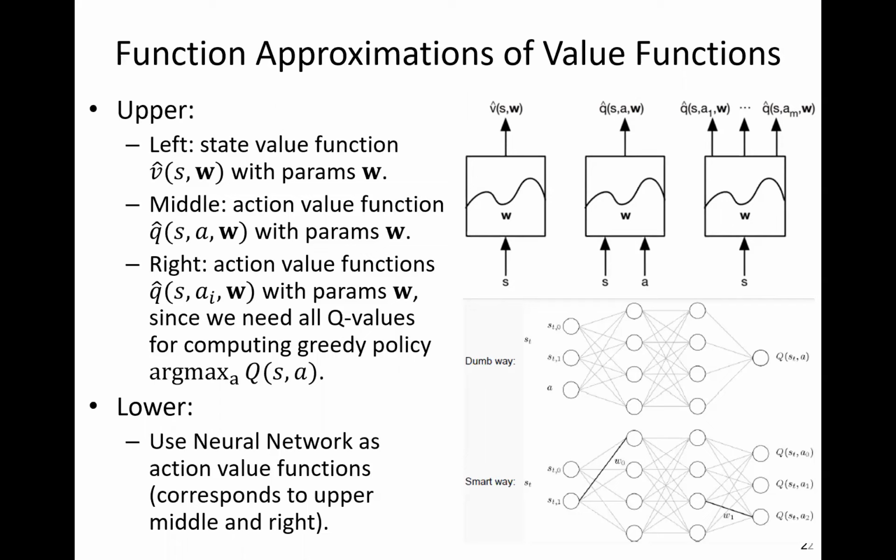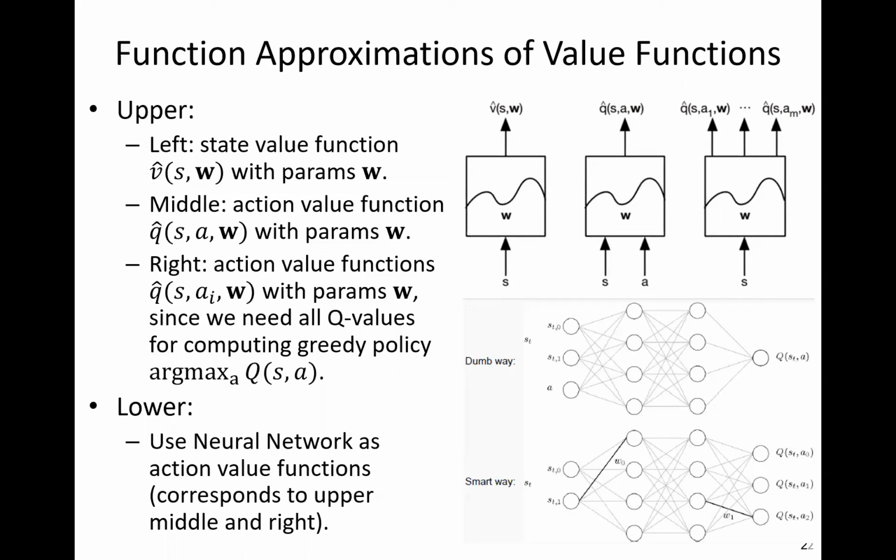For the Q, you can either use A as an input, or you can compute all possible Q functions for all possible actions. If you use neural networks, it corresponds to having A as the input and producing one Q(S,A), or producing all Q(S,A)s for all possible A's.